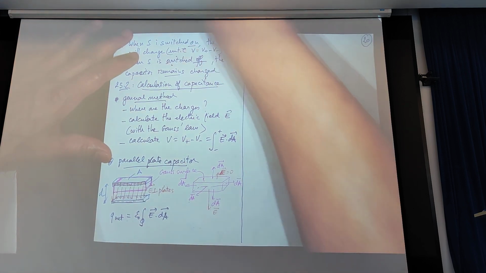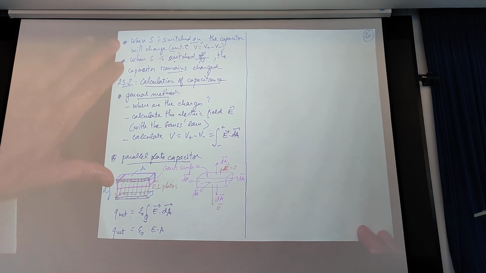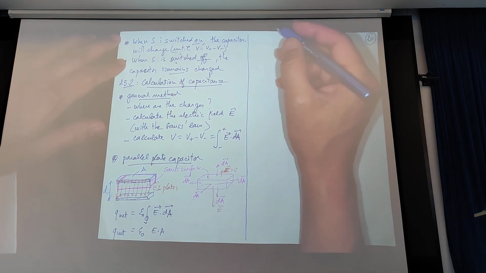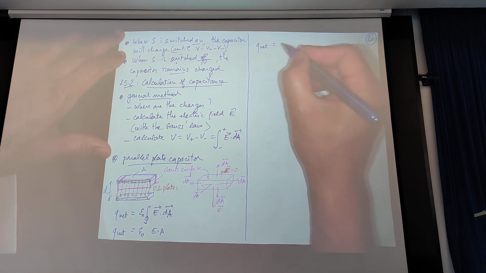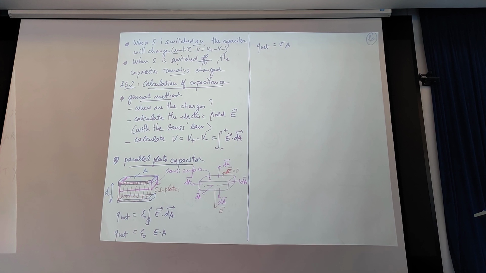So at the end, Q net is equal to simply E times the surface of the plate. Do you understand this? And what is Q net? Q net is simply the surface charge density, meaning the charge divided by the surface, times the surface.